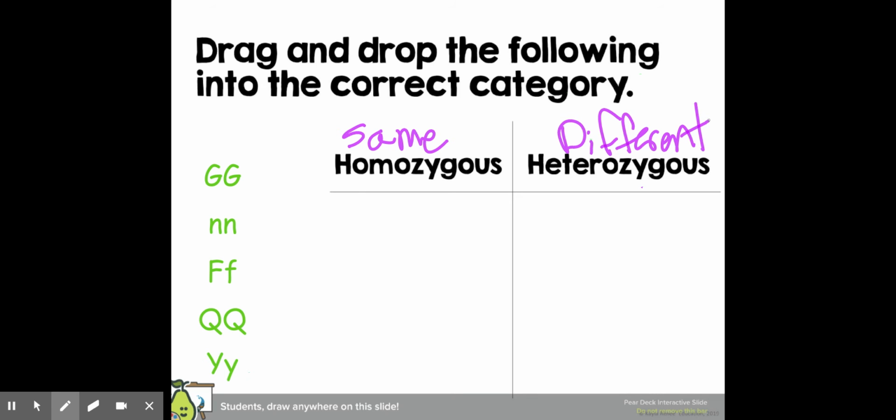If it's homozygous, they're both capital or both lowercase. If they're heterozygous, it means we have one of each, one capital and one lowercase. So go ahead, work on this slide. You can pause the video if you need to complete it, but I'm going to go ahead and continue forward.